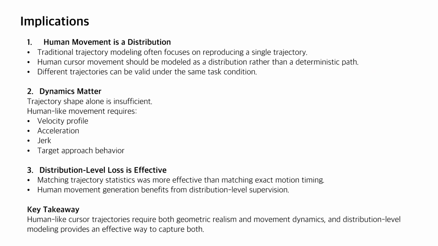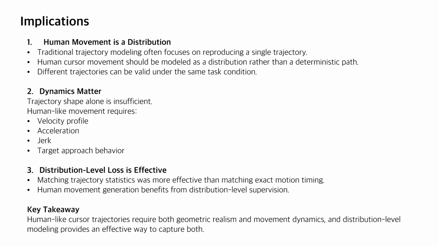So this work provides several important implications. First, human causal movement should be viewed as a distribution rather than a single deterministic trajectory. Even under identical task conditions, multiple human-like movements can exist. Second, trajectory shape alone is not sufficient for realistic movement generation.